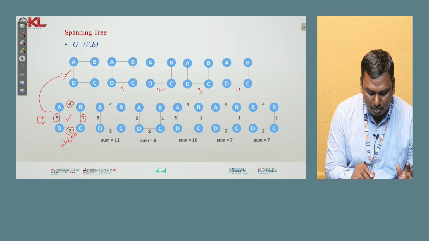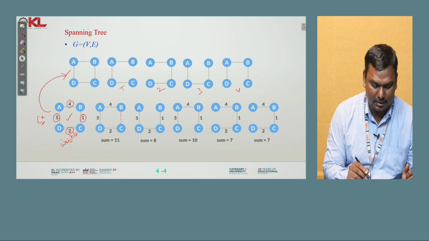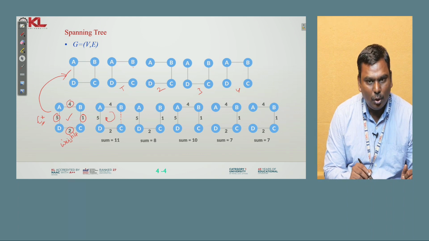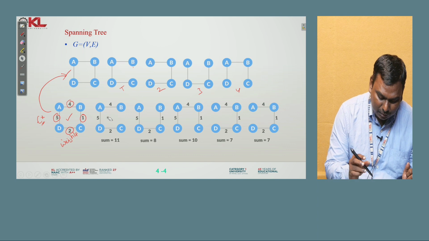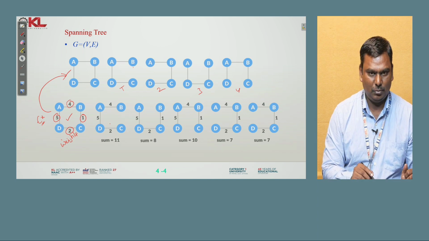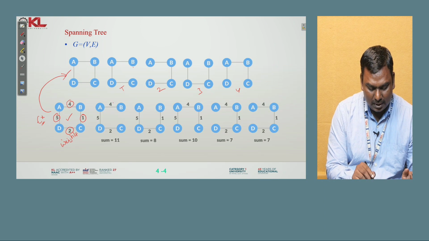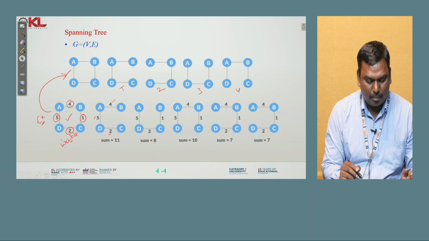Here A to B, A to C, C to D are connected. When we connect B to C, it creates a loop or cycle. That's why we remove the B to C connection. Now the weights: A to B is 4, A to D is 5, C to D is 2.